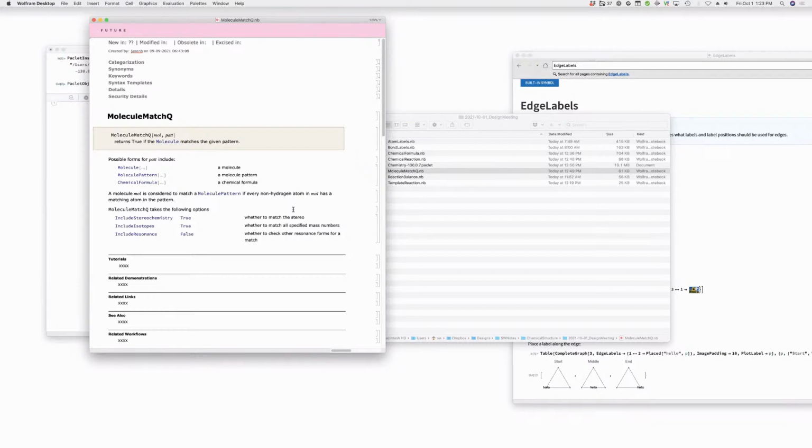Include resonance. Is that singular the right form? It could be either include resonance structures or include resonance. Resonance as the concept is how we interpret it. So include isotopes means pay attention to isotopes. Yes.